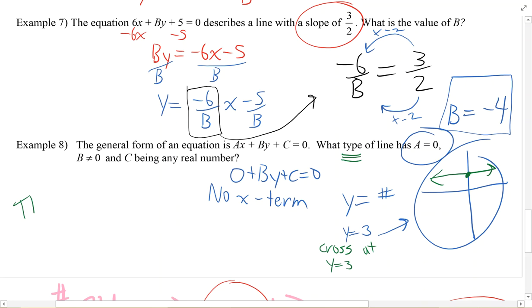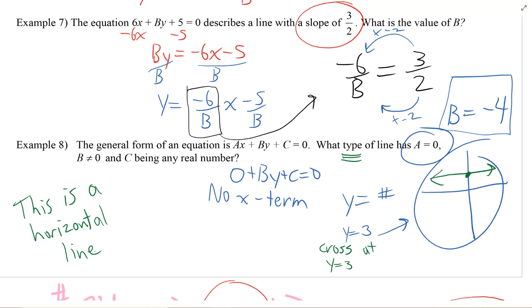So this is a horizontal line. Usually when they say what type, it's like horizontal, vertical, or oblique kind of thing. Again, that's a higher level question.